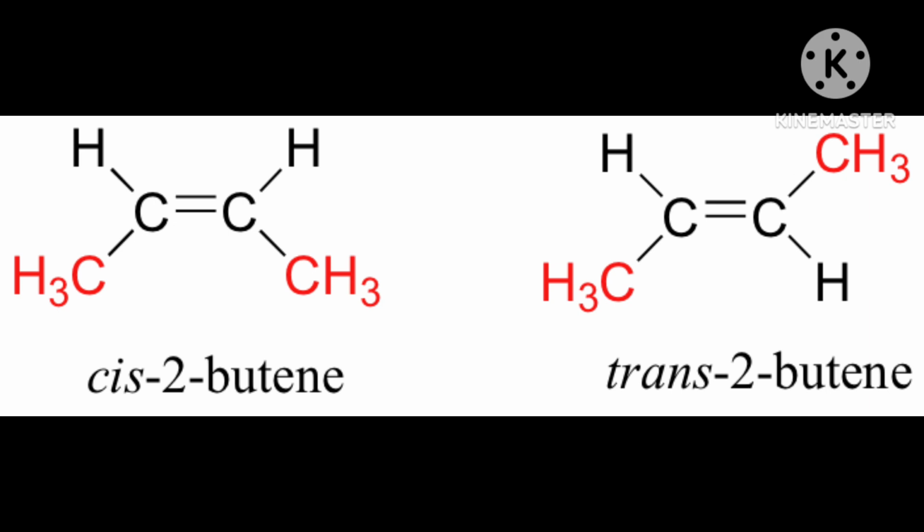Here CH3, three carbons are there. The beginning CH3, the last CH3, and in the middle only one carbon is attached to one oxygen. This is the CO group, called the carbonyl group. The other is propanal, an aldehyde, that is called propanal: CH3, CH2, CHO.